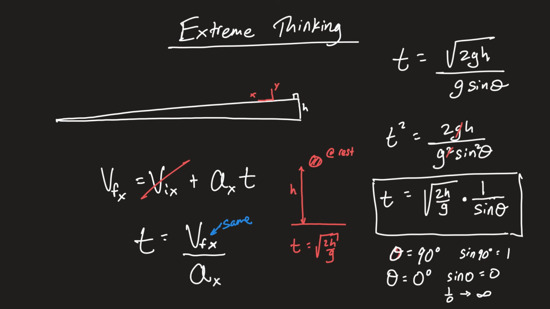It doesn't really make sense because we have a flat incline, or an incline with 0 degrees as its angle, and so there would be no force at all, and it would not move. So it kind of just breaks down, but just imagine a really, really small angle, something really close to 0. So you're seeing in the limit that as we approach 0, it would take a really, really long time for this thing to slide, which makes sense.